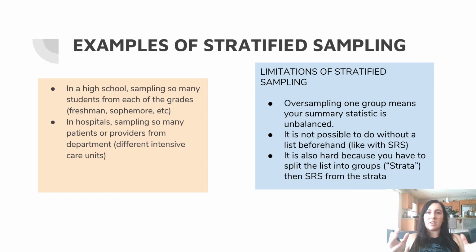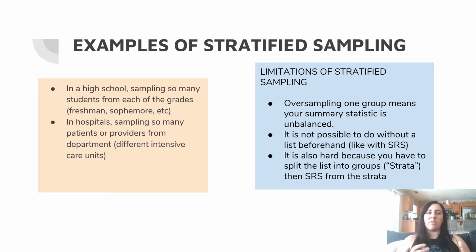If you want to make sure that each individual hospital department has good representation, then you want to go with stratified sampling instead of just simple random sampling, because if you do simple random sampling, you might not be able to zoom in and see what's going on with each individual hospital.